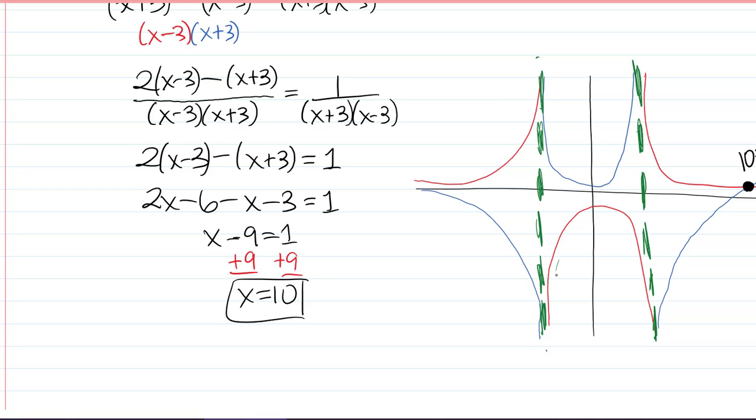It is impossible. Those are points where the function essentially doesn't exist, and that is at x equals -3 and x equals 3. We've talked about why those values are it.